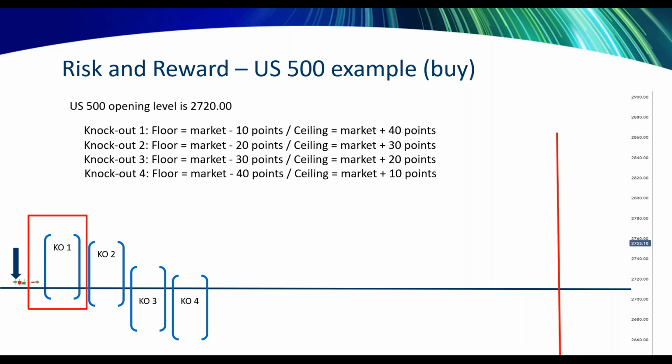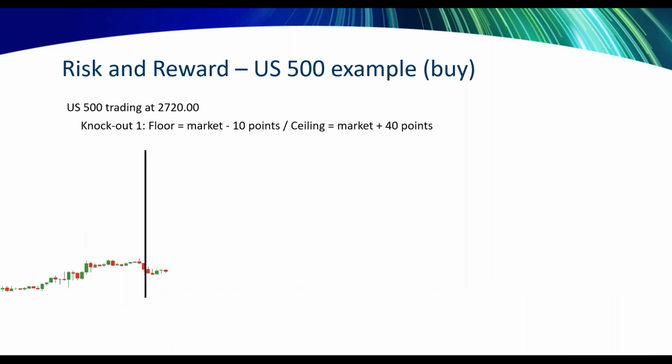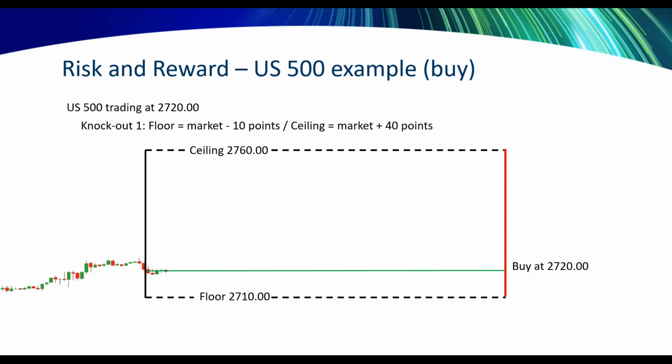If I were to buy knockout number 1 and put it in a nice visual little chart, here's where it is now, on the left, the black line. Expiration is on the right. That's the settlement if it doesn't touch the floor or ceiling. I know the floor, I know the ceiling, and I know the current price.